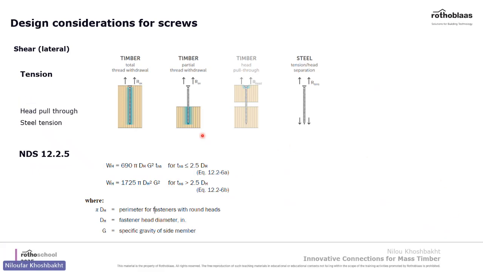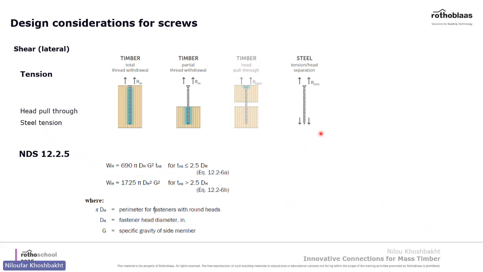The other concept is head pull-through, which is not a main concern when we have a fully threaded screw, but for partially threaded screws, if we didn't have any thread here, head pull-through plays an important role. It also depends on the specific gravity of wood and the head diameter.